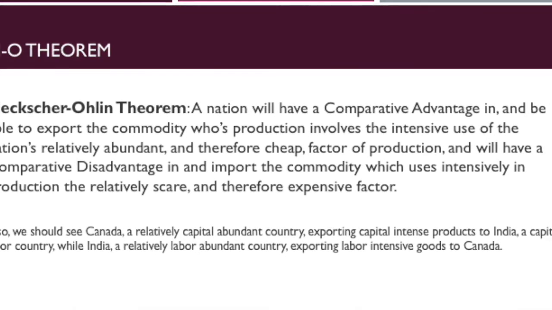And so if you read the actual Heckscher-Ohlin theorem, I'll just read it out here. Again, Heckscher-Ohlin is trying to resuscitate or find a way to explain or understand Ricardian logic in spite of some of the caveats that we've already talked about.